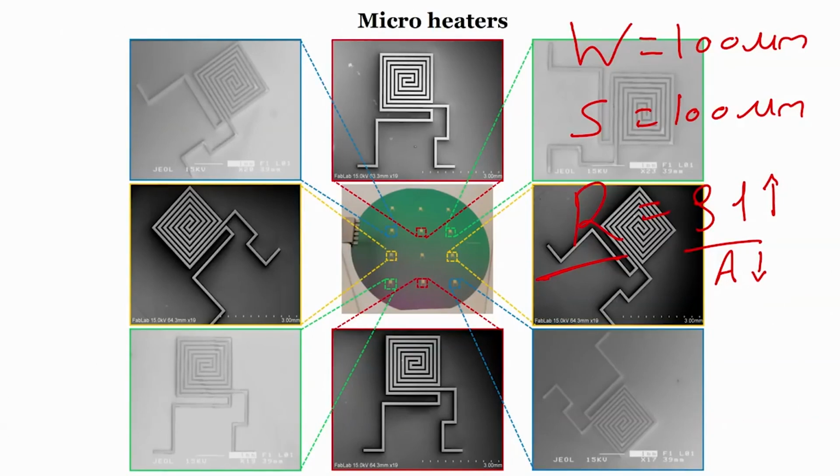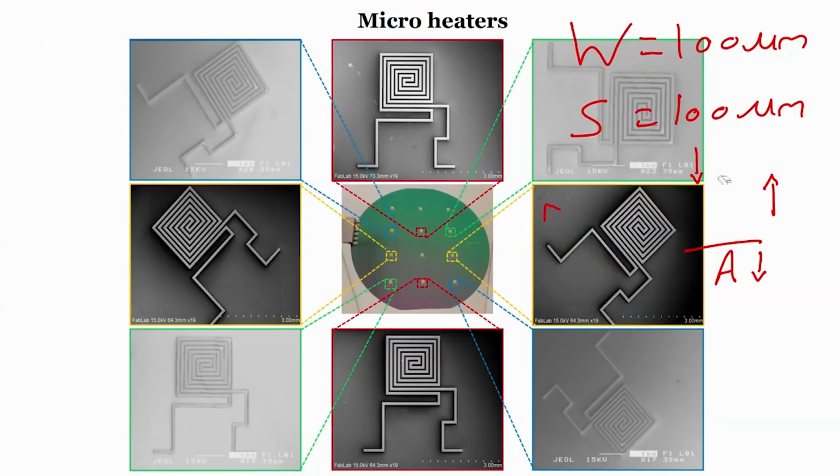For a given metal, resistivity remains constant. So, by using this design, which is a design of a rectangular coil, we are increasing the length, and hence the resistance. You got it? We are increasing the length and hence the resistance.